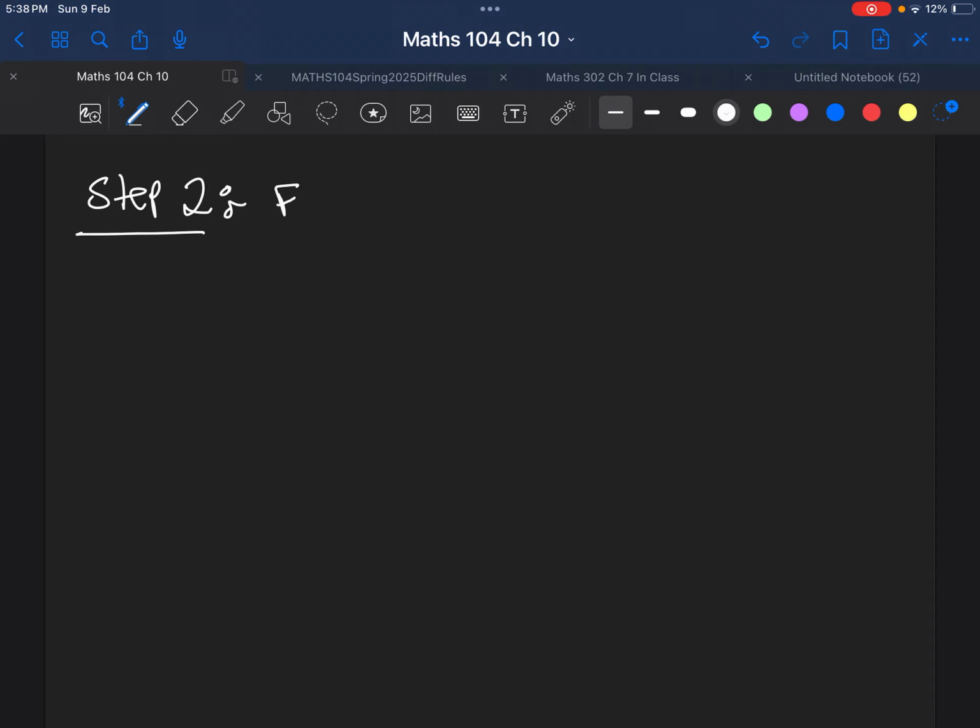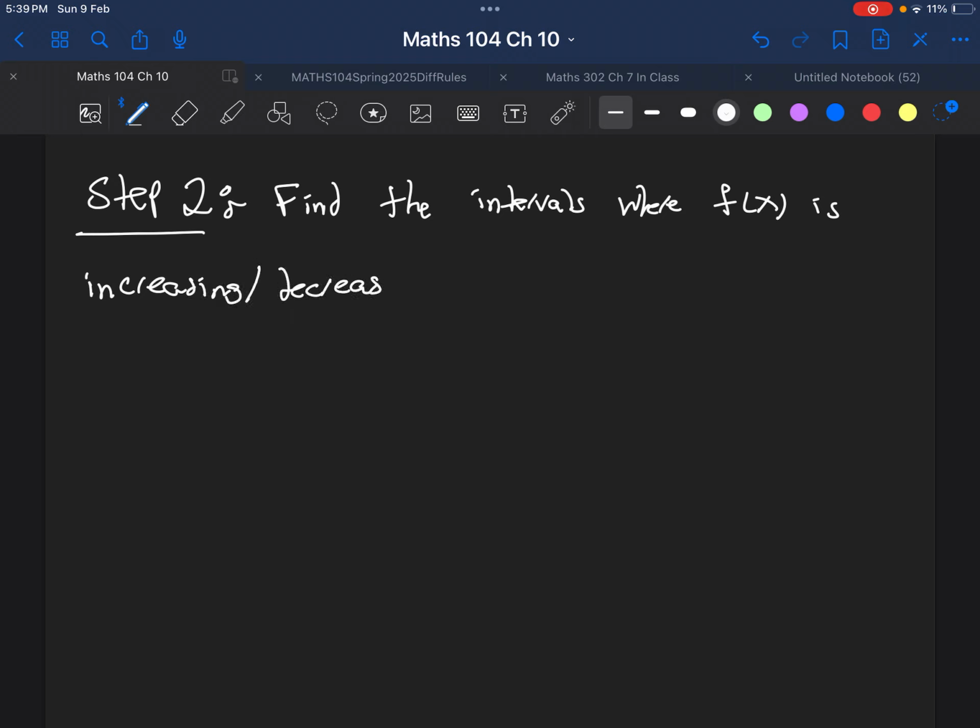In step number 2, we need to find the intervals where f of x is increasing or decreasing. Now, how do I know where it's increasing or decreasing? Where the derivative is positive or the derivative is negative.